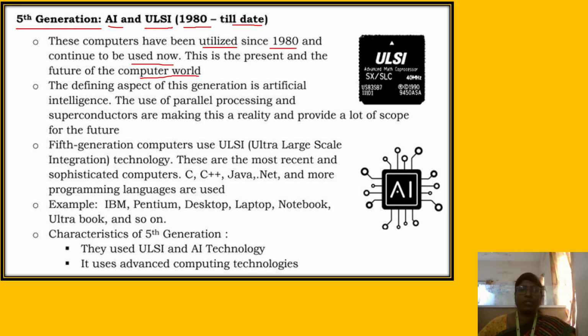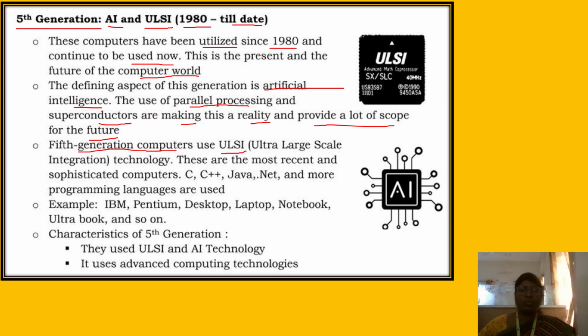The defining aspect of this generation is artificial intelligence. The use of parallel processing and superconductors are making this a reality and provide a lot of scope for the future. Fifth generation computers use ultra large scale integration technology.